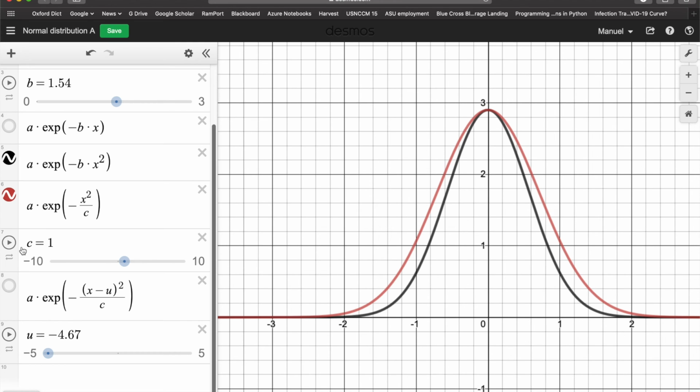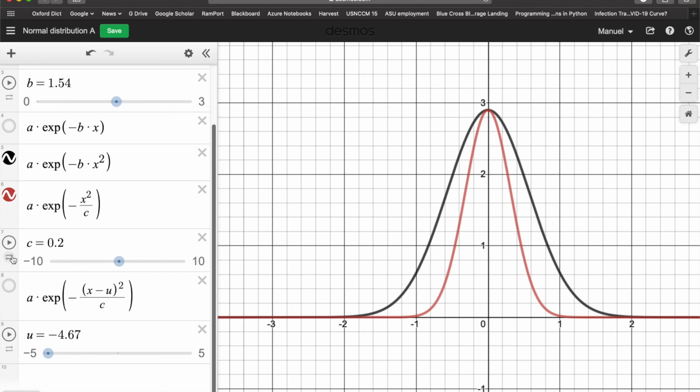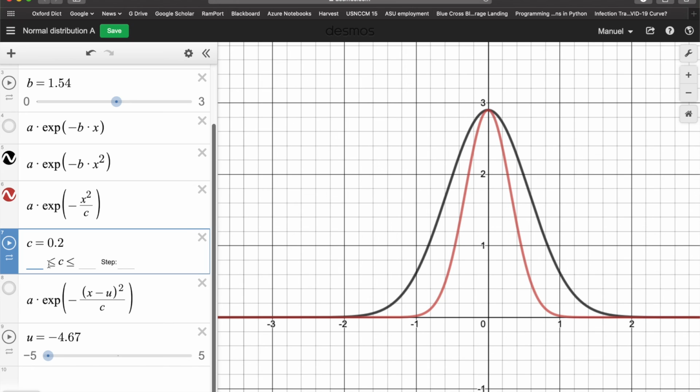If c and b are reciprocals, that will have the same effect. But changing c will also change the curvature. So let me rewrite c for a positive factor only between 0 and 10.